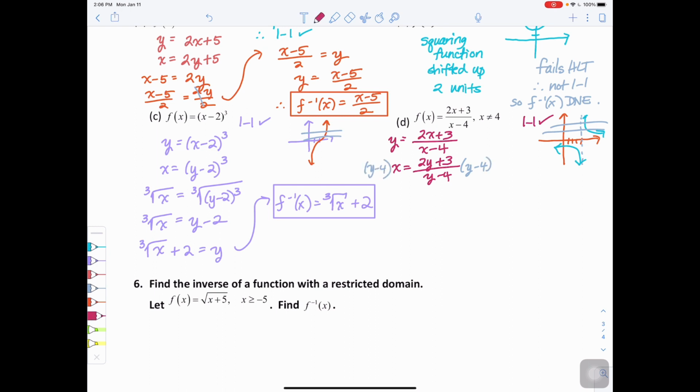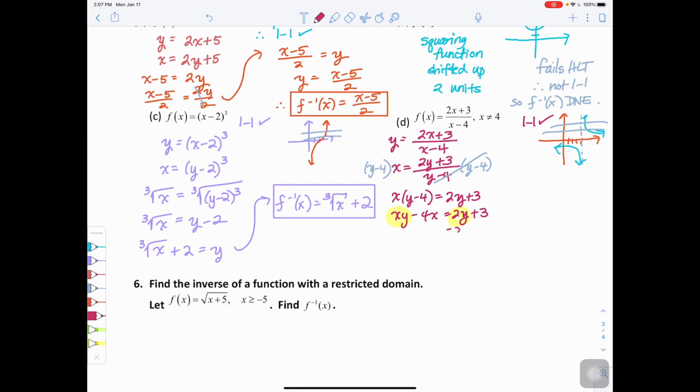And as you can see, I will have x multiplied by y minus 4 is equal to 2y plus 3. So I'm going to distribute this x. And remember, I'm solving for y. So any term with a y in it, I need to gather them on the same side of the equation.